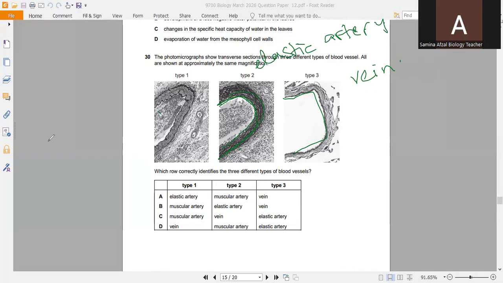Elastic arteries are major conducting vessels to the heart. They have a larger lumen, a high volume of blood, and a wall rich in elastic fibers to stretch and recoil. You can see the elastic fibers over here. So this is the muscular artery.